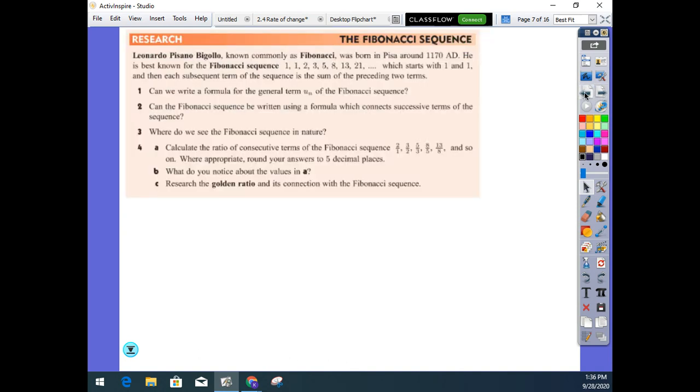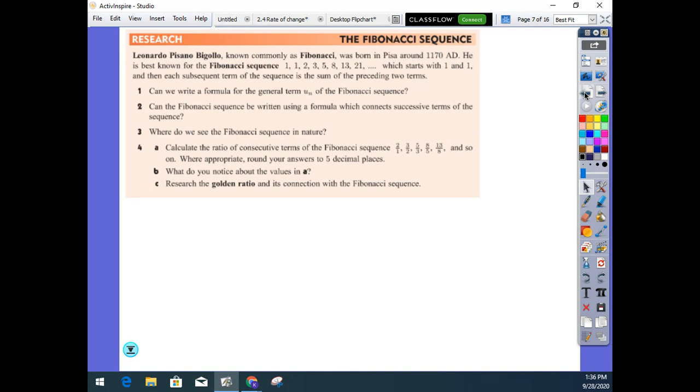I'm going to just kind of point this out. The Fibonacci sequence is something you see all the time that you don't even realize. It has to do with the golden ratio. It actually has to do with pine cone patterns, tree patterns, seashell patterns.